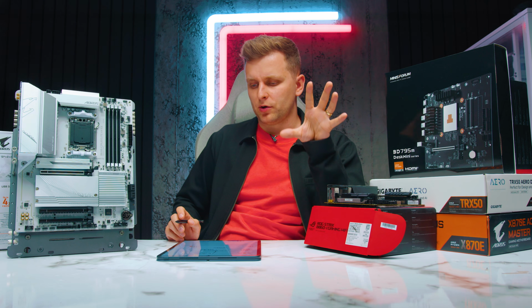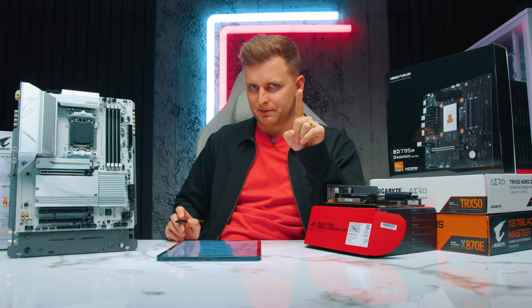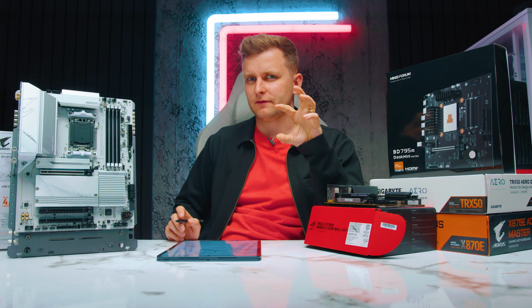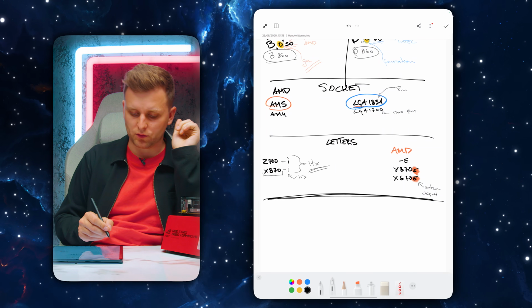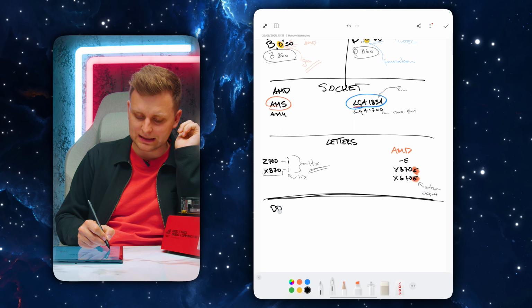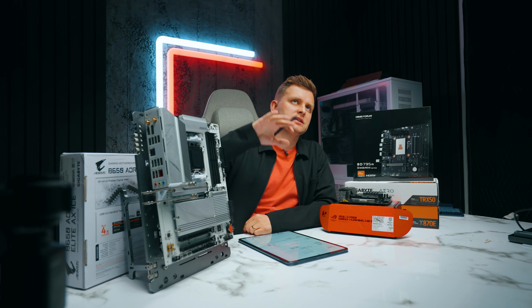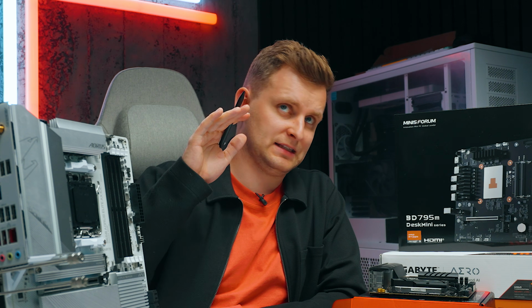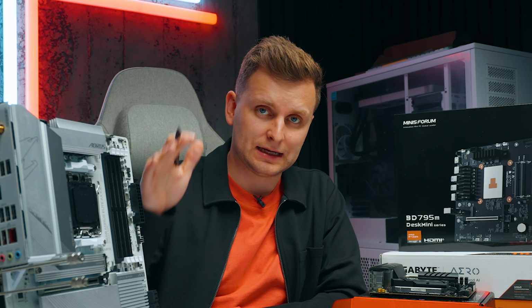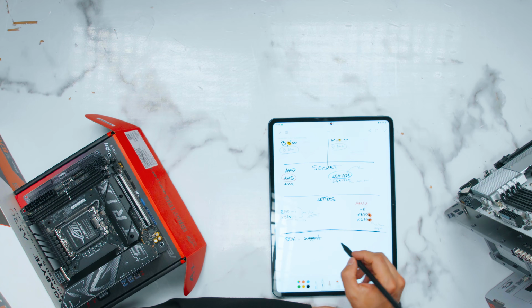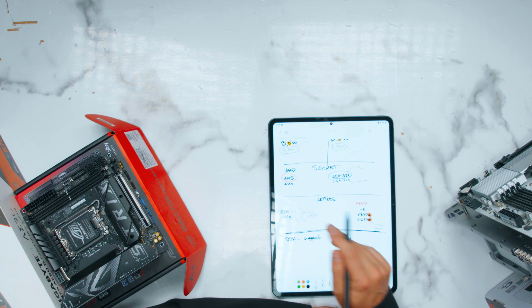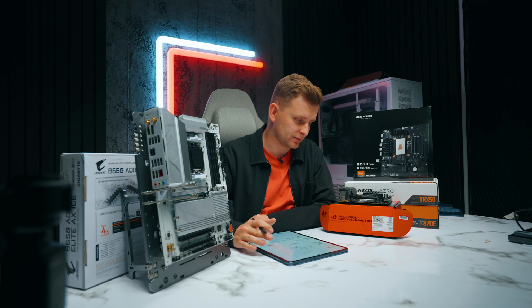Now, when choosing the motherboard, I want to give you another tip here because it's kind of only relevant at this point in time, which is the DDR support. Why this is important is because some of Intel's Z790 or Z690 motherboards support DDR5 or DDR4, and they are not intercompatible.